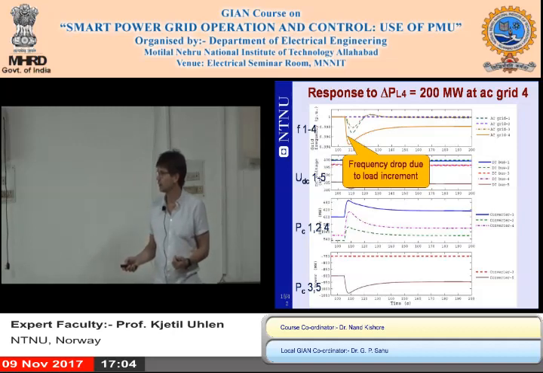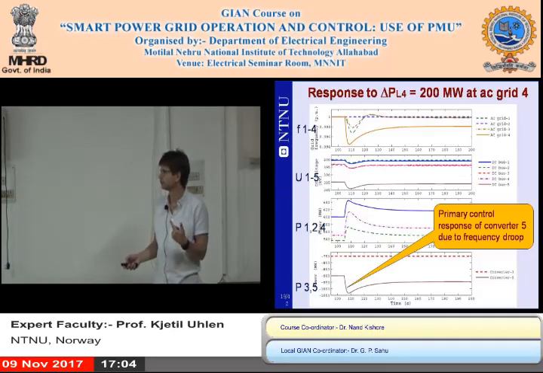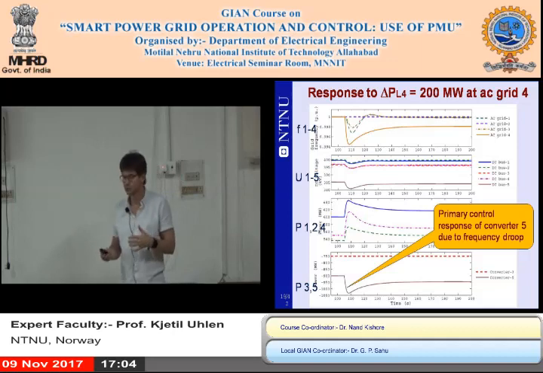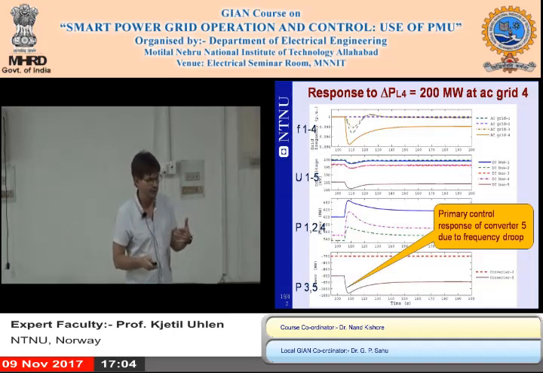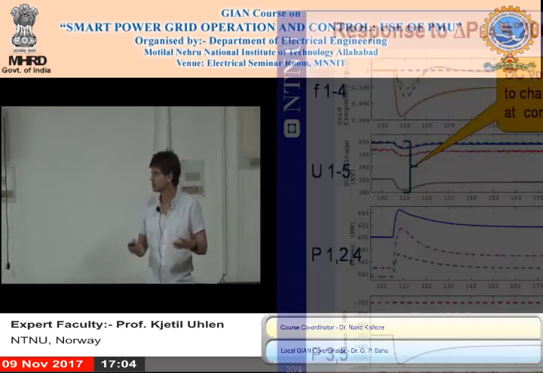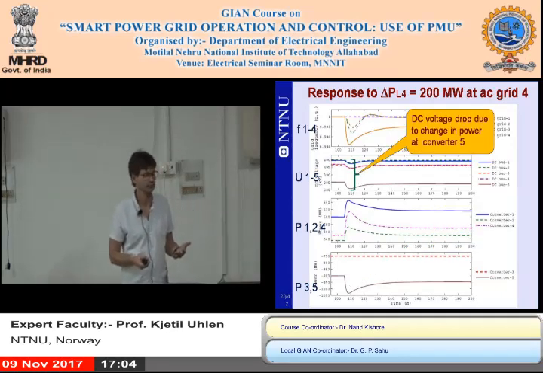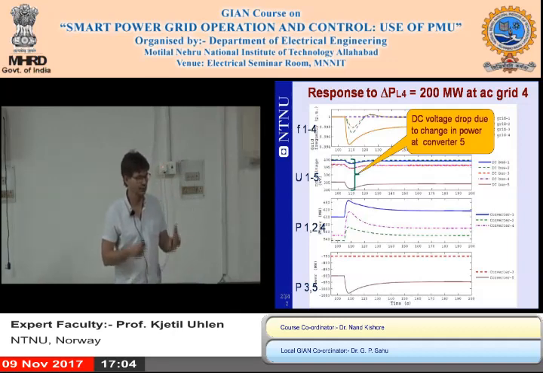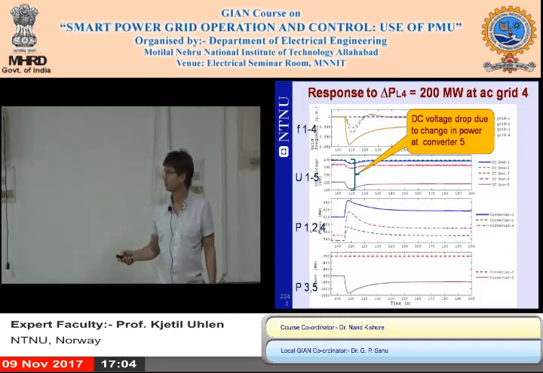Here it is positive out into the DC grid, so that means 900 megawatt into the AC grid, which increases to 950 approximately. Okay, so you take more power out of the DC grid. What happens then? Then, naturally, the voltage drops. You're loading the grid, so the voltage drops on all terminals.